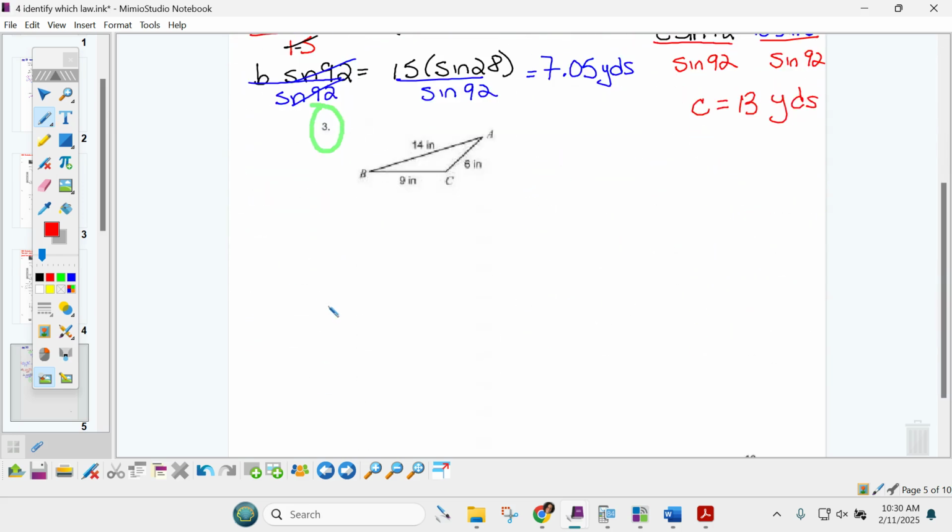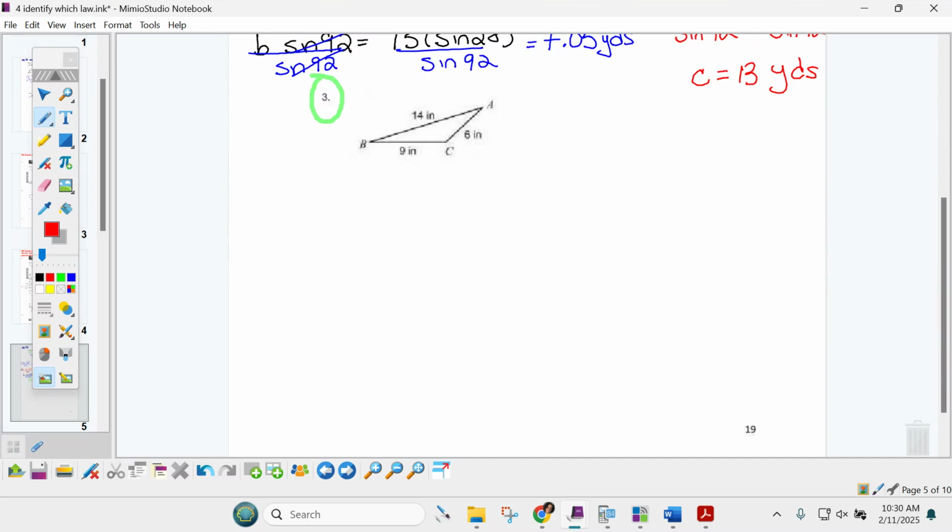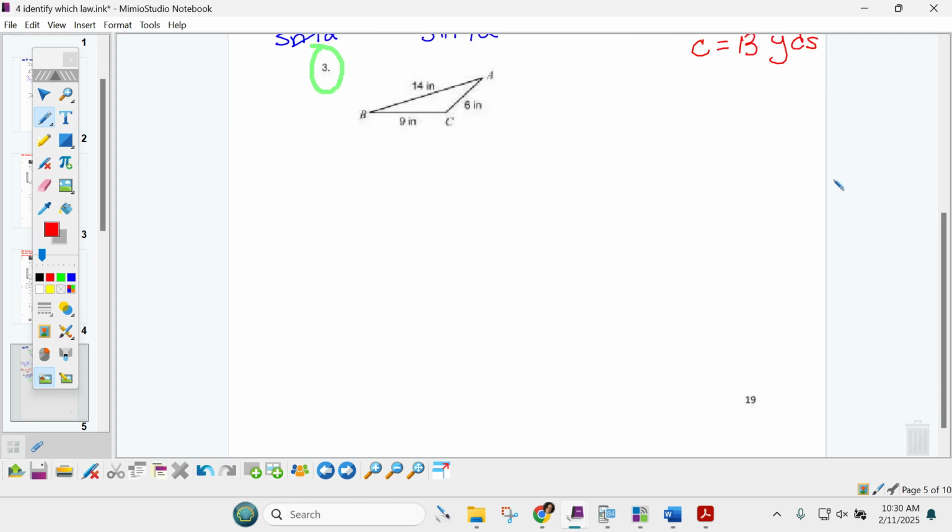All right, let's try number 3. Pause the video here. You try it. When we are given side, side, side, we have to use the law of cosines to find the biggest angle first. The biggest angle is opposite the biggest side.